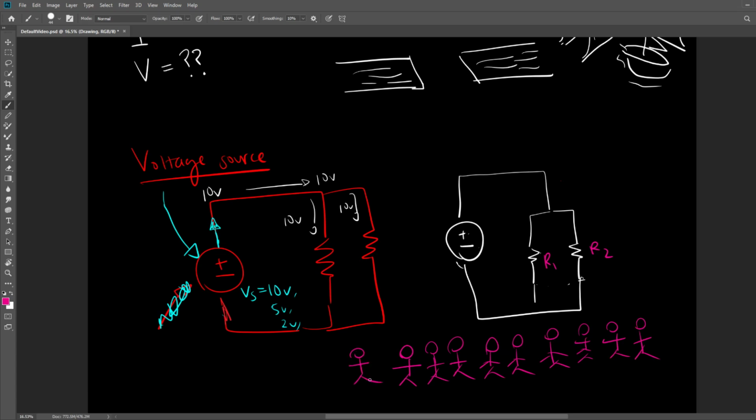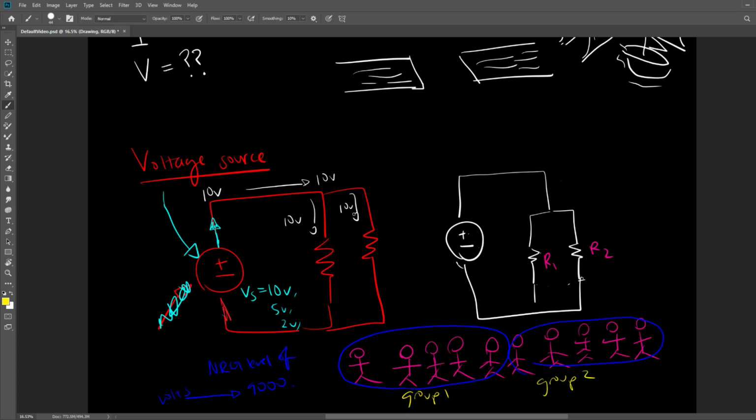If you imagine I had 10 people, and let's say they had an energy level of 9,000, which would be our volts. Well, if I split this group into group 1 and the other into group 2, does their energy level change?